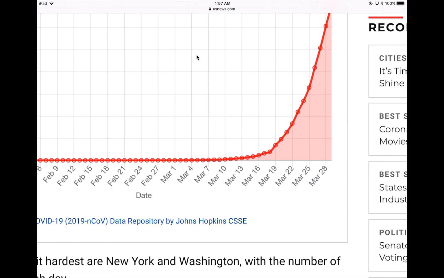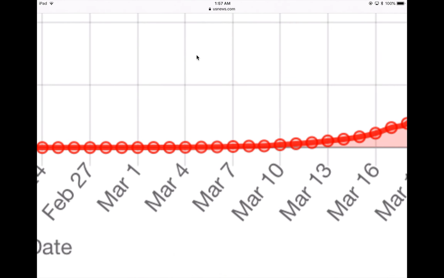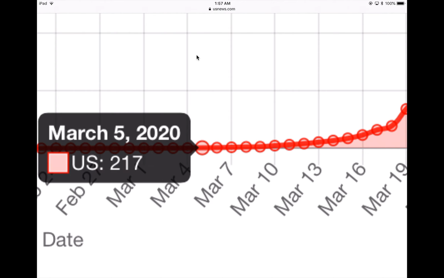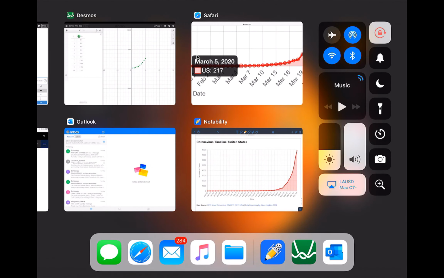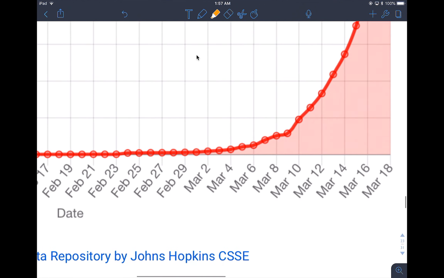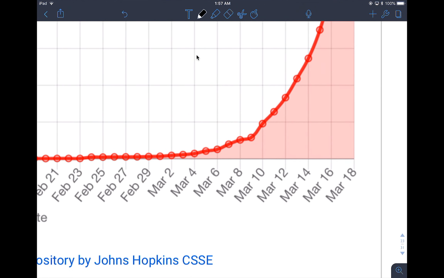So again, starting with March 5th, I'm gonna write that in my graph right here. So this is back to my Desmos graph. So I'm gonna start here at March 5th. So this is gonna be my first point. And then I'm gonna use the 6th, the 7th, the 8th, the 9th, the 10th. And I'm gonna stop here. So I'm gonna choose at least 10 points to generate a table in Desmos.